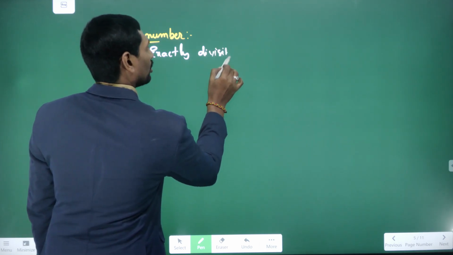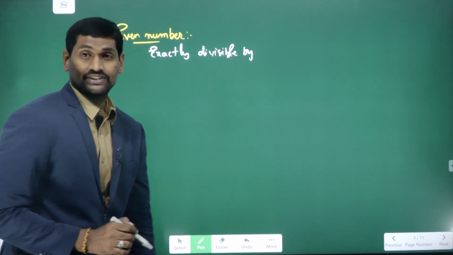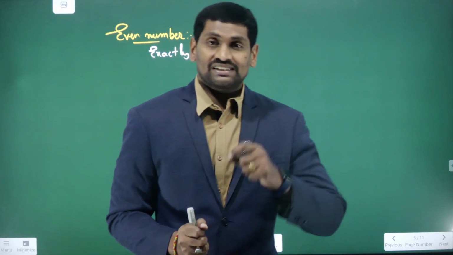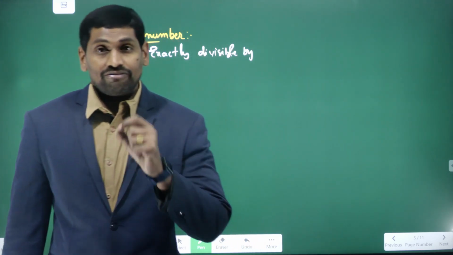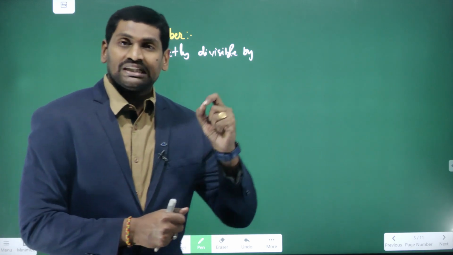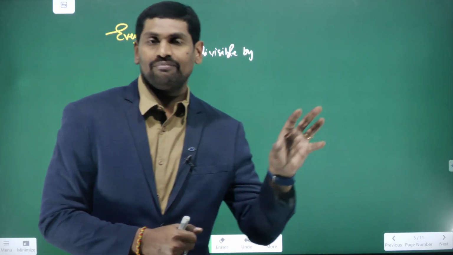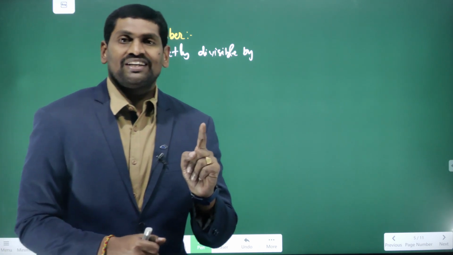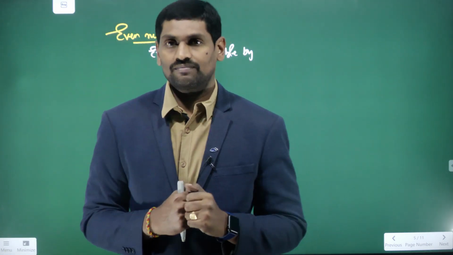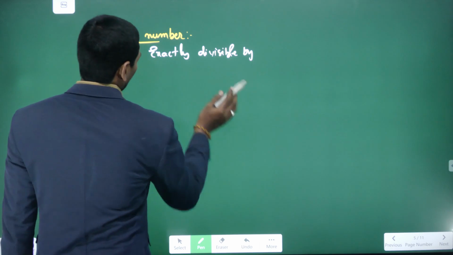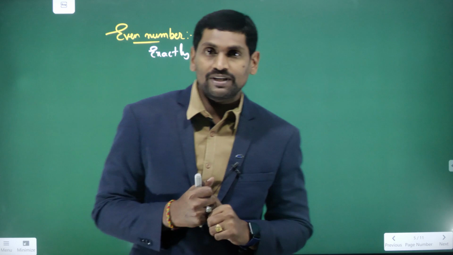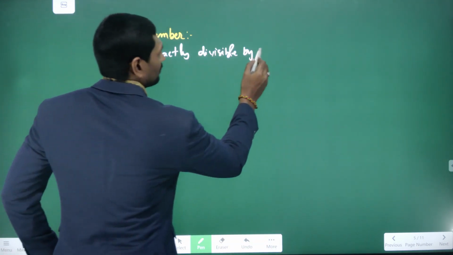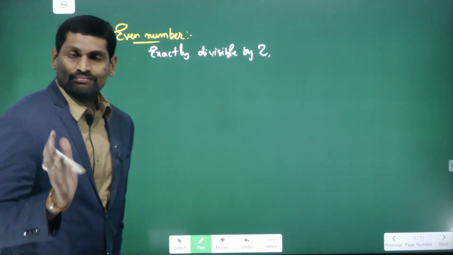So what is the meaning of exactly divisible? When we divide by taking 2 as a divisor, the remainder is definitely 0. That means without leaving any remainder. The remainder must be 0. Very good.